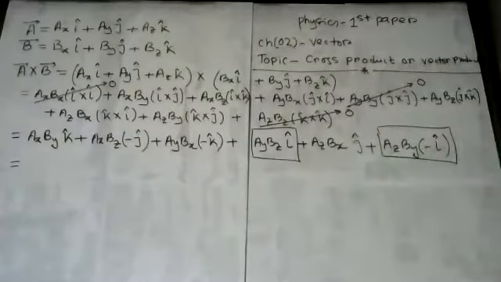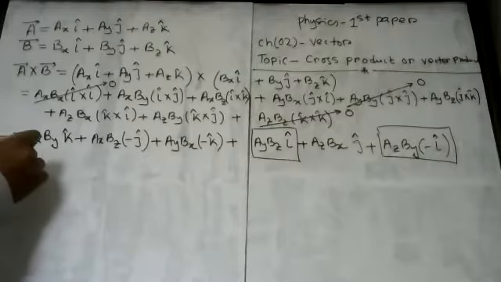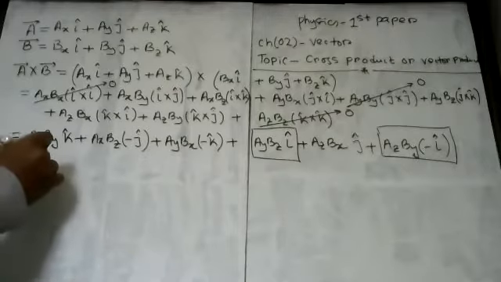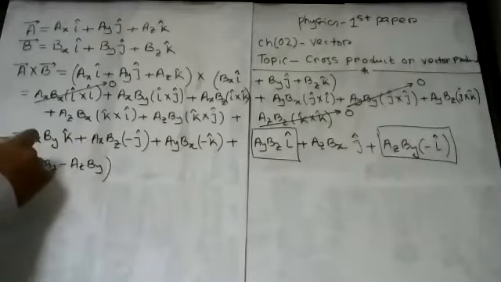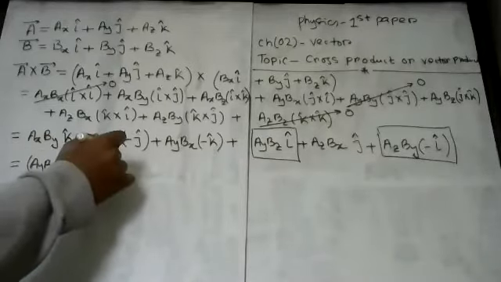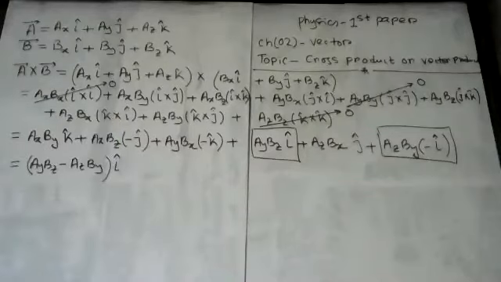So if you take common i hat, then you can say here a y bz minus a z by, and it is multiplied by i hat.